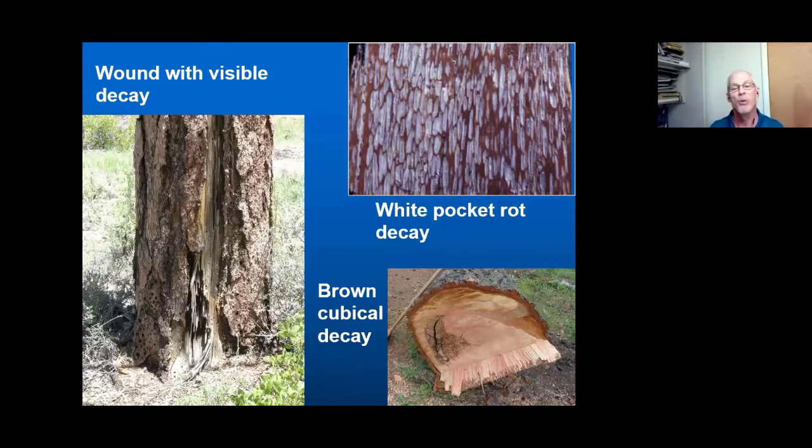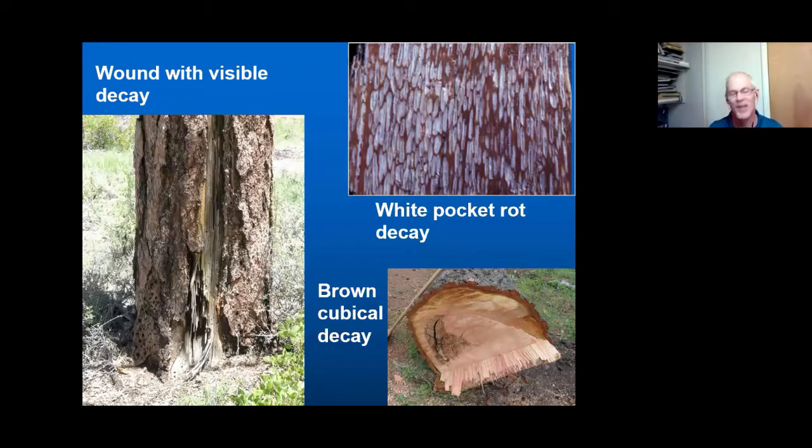As compared to brown cubicle decay type organisms, which have only fundamentally one enzyme system capable of breaking down the wood, they do, however, do it much more quickly than white rots do. However, it's not going to be causing as complete a degradation, and in a lot of cases, that material is still left there in place.